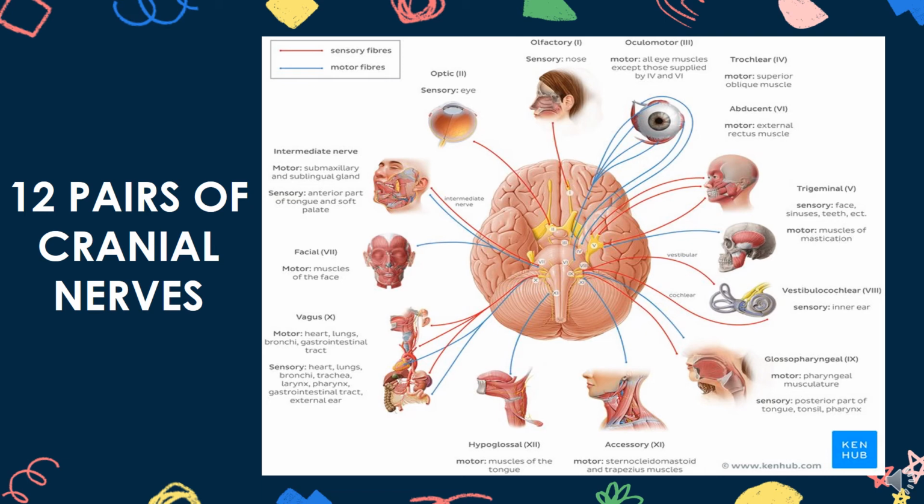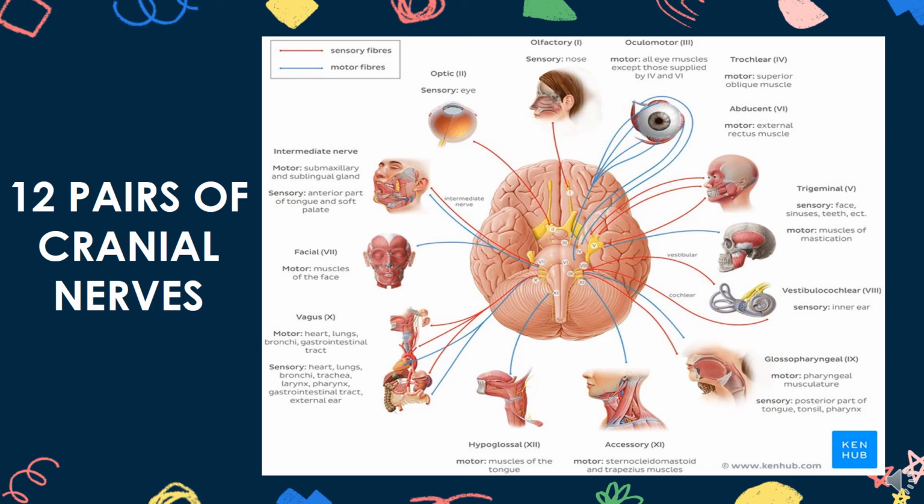The tenth is the vagus. Its fibers carry sensory impulses and motor impulses to the pharynx, larynx, and the abdominal and thoracic viscera. Most motor fibers are parasympathetic fibers that promote digestive activity and help regulate heart activity.